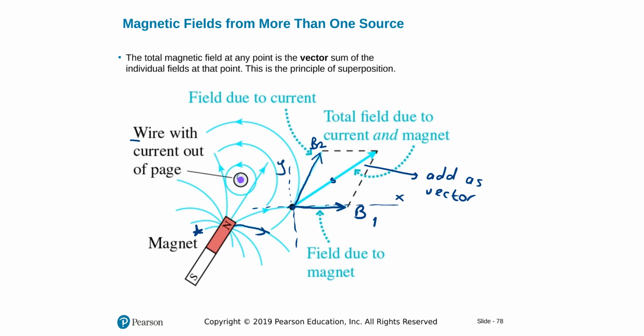Or if they are perpendicular to each other, let's just draw here, maybe B1, B2, then the parallelogram can easily be applied and we use Pythagorean to find the total, right? So we already did a lot of forces as vectors, electric field as vectors. Hopefully we will be fine on finding the total magnetic field as vectors.